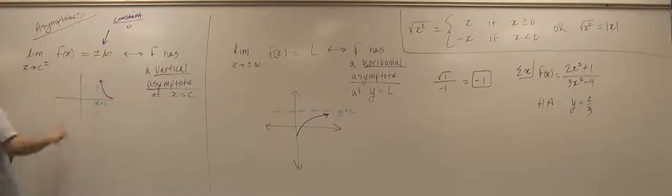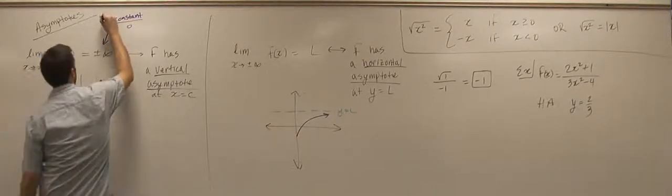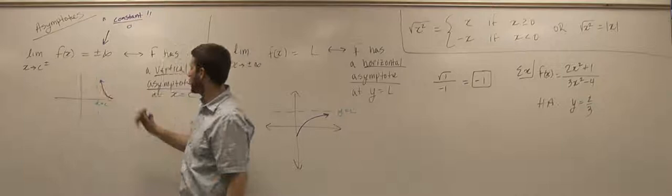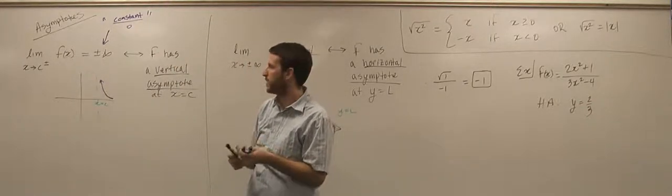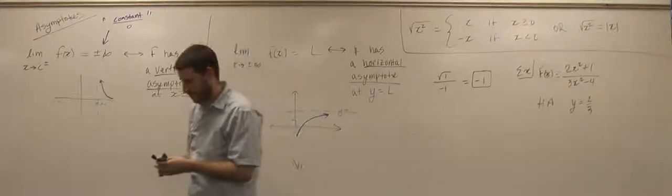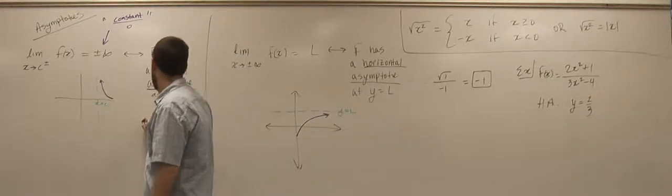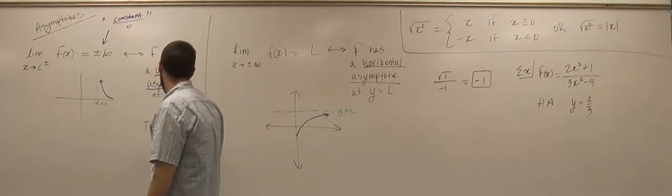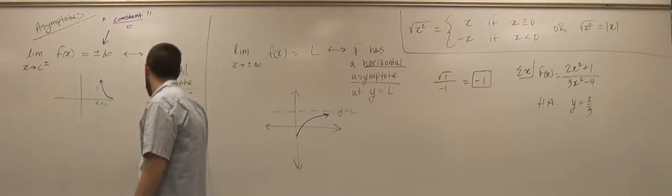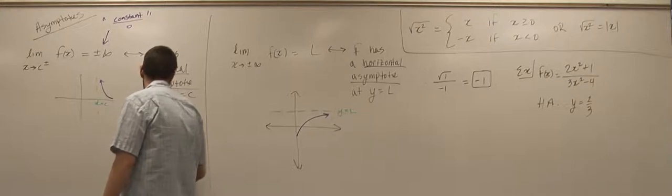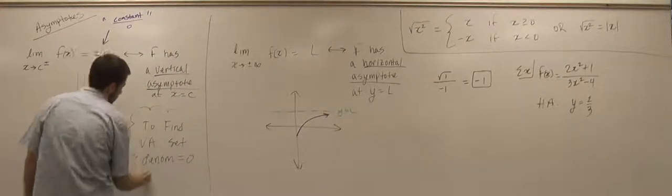That's how you get an infinite limit. So to find a vertical asymptote, you set the denominator to 0 after you simplify. So that's the same as always.